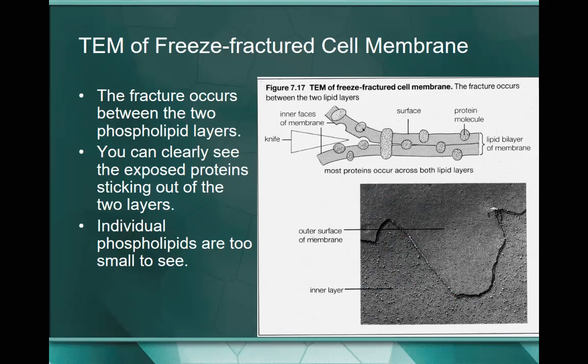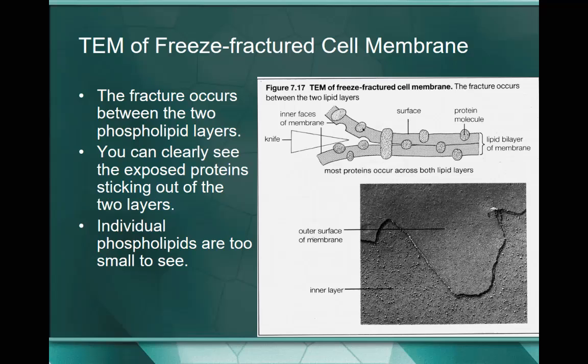Now, what we have here is a freeze fracture of an actual cell membrane. I've been telling you all along just how incredible proteins are and all the cool things that they do. Hopefully, you realize just how much of a role these proteins play inside the membrane in terms of transport. They took a freeze fracture of a cell membrane: they dipped the cell into liquid nitrogen and then cracked it.